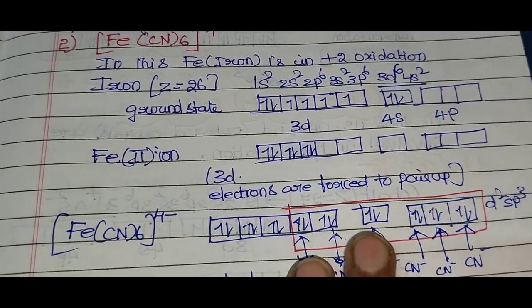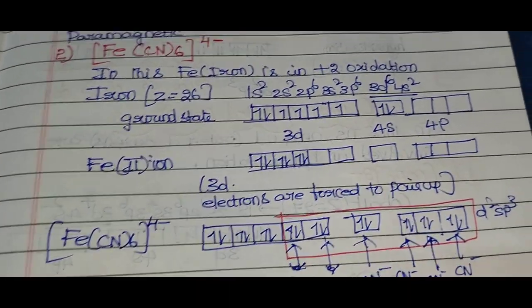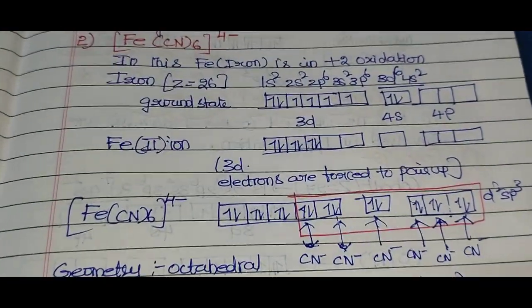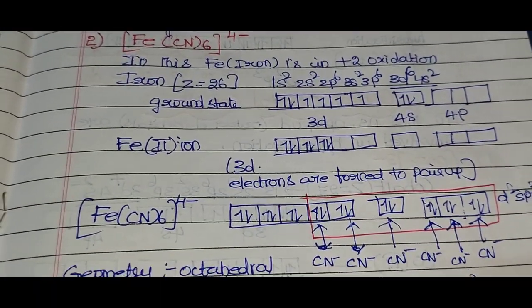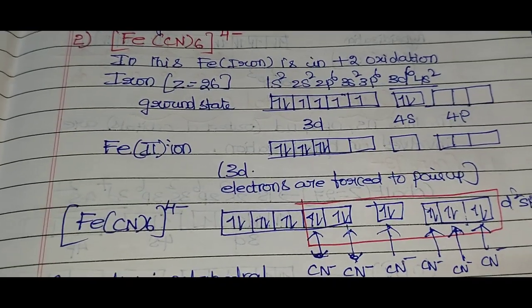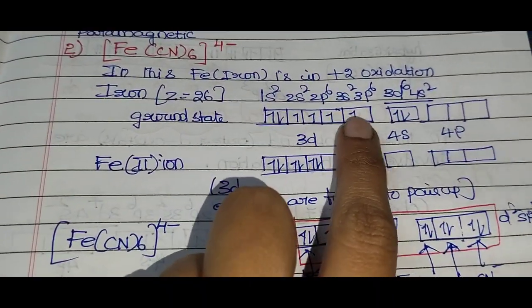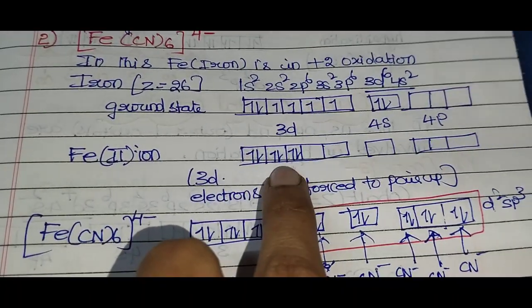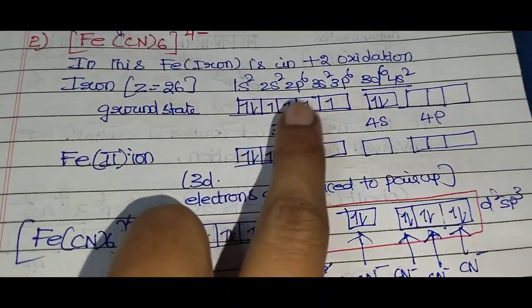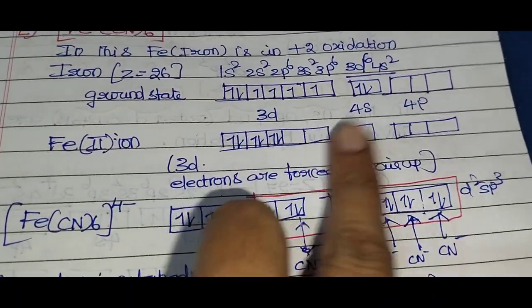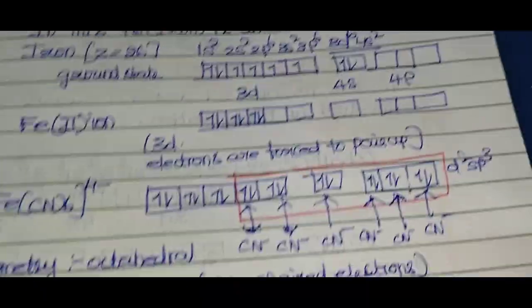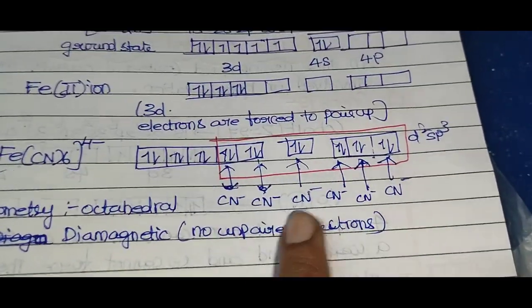Here the 3d electrons are forced to pair up because CN is a strong ligand. So a strong ligand will force the 3d electrons to pair up. So these 2 electrons will pair up here. So all the 1, 2, 3, 4, 5, 6 are paired, and we'll get 6 vacant orbitals for accommodating 6 CN ligands.